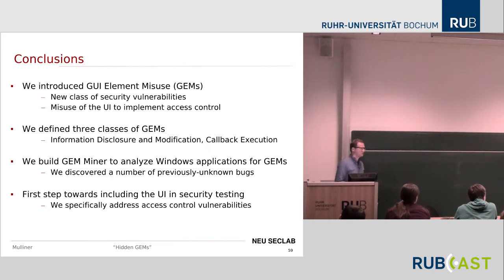Of course, we reported the bugs to the companies, and I think it's a first interesting step towards including the UI in security testing. We only looked at access control vulnerabilities. Maybe there are other classes, but that's what we did so far.